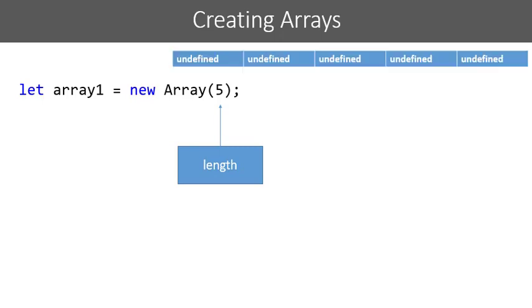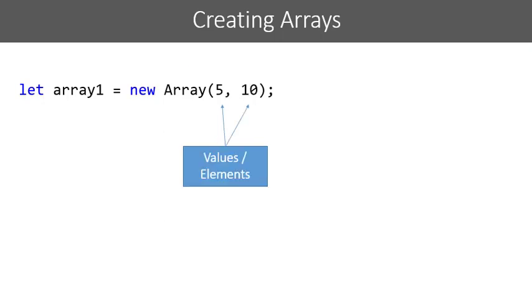Here I have passed 5 as the argument. It will create an array of 5 elements and the value of the elements will be undefined. But if you pass more than one argument to the Array constructor, these are treated as values of the elements. So here in this example, an array of 2 elements is created and initialized with values 5 and 10.